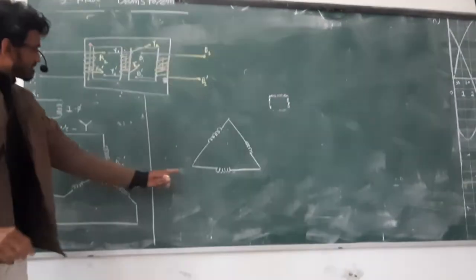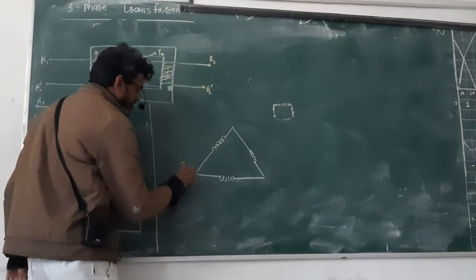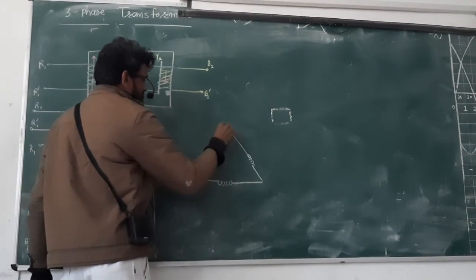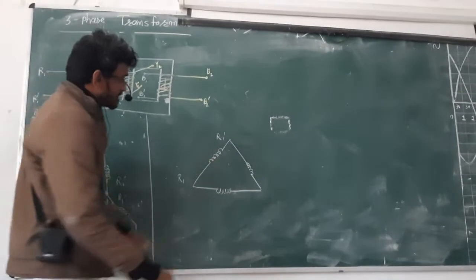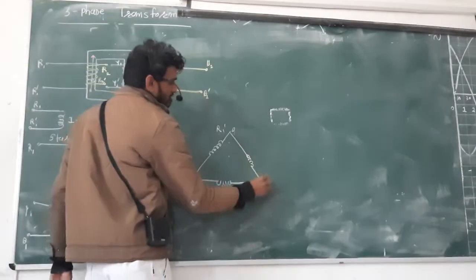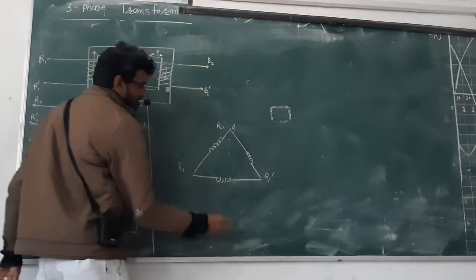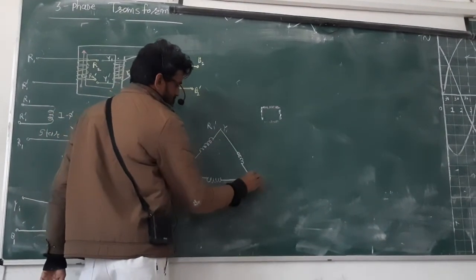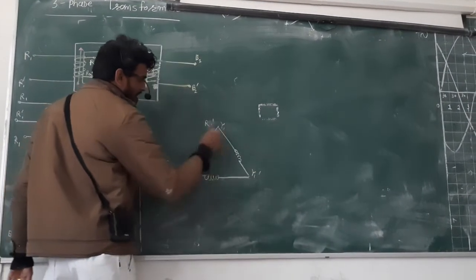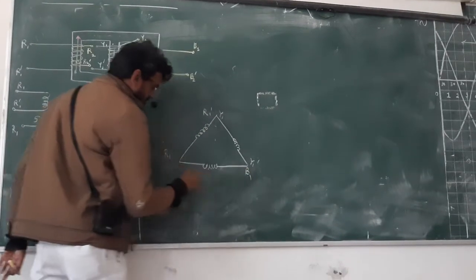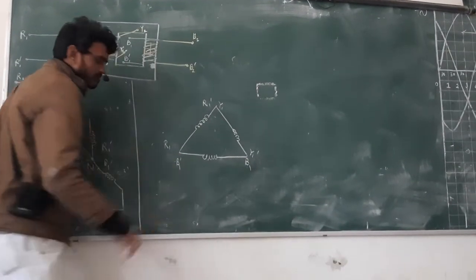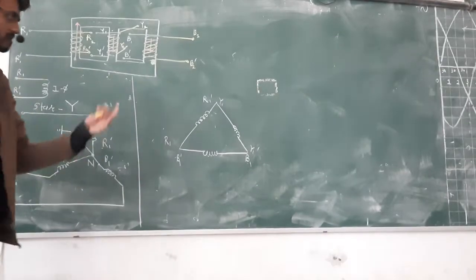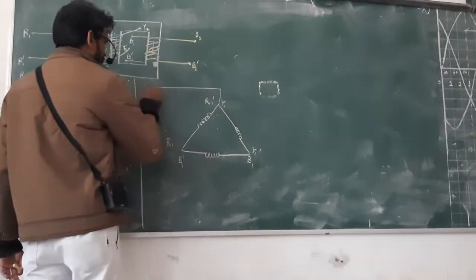Alright, let's say this is the first coil, then it will be the R1 dash. Then the second coil is Y1 dash. Then the third coil, B1 dash. Okay, and take out 3 terminals from the common points.